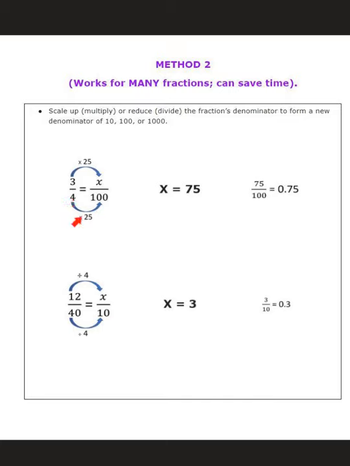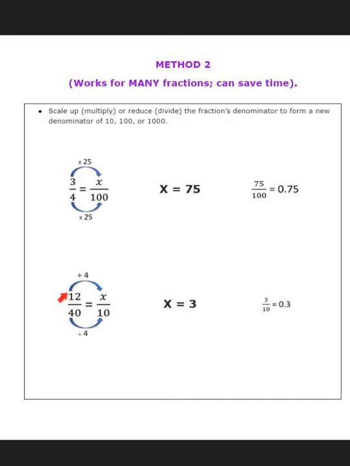Well, 4 times 25 will give you 100. And now if I multiply the denominator by 25, I need to multiply the numerator by 25. When I do that, 3 times 25 gives you 75. Now put it together as the fraction. It's 75 over 100, or 75 hundredths, so that would equal 0.75 in the decimal form.